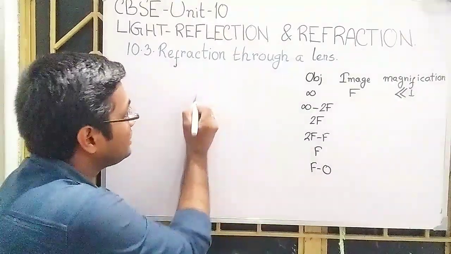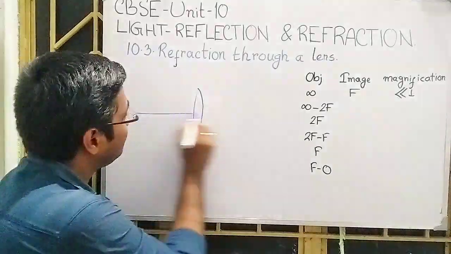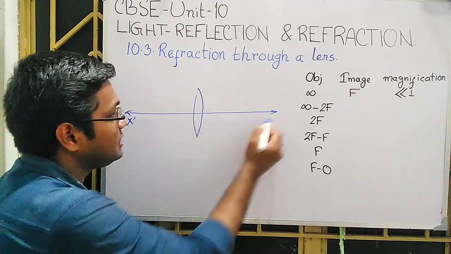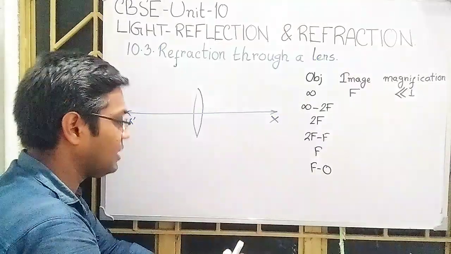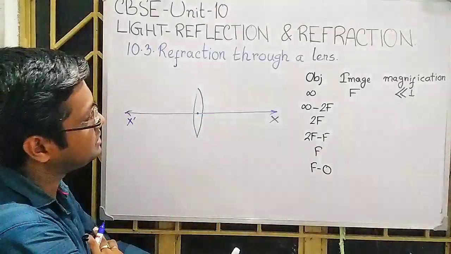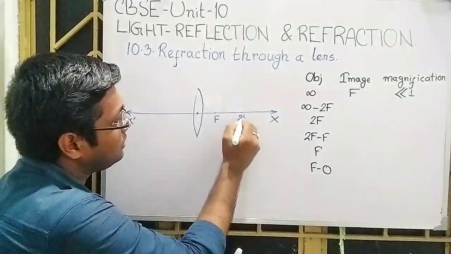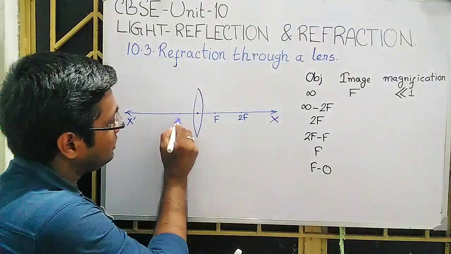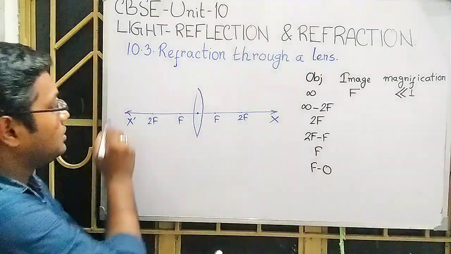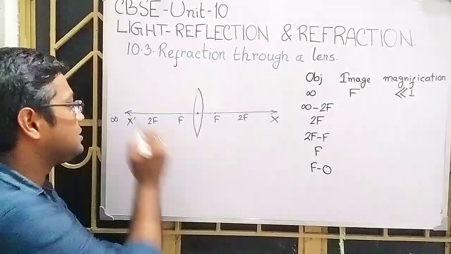So if I say this is the thin convex lens, this one is the principal axis X prime X, this is the optical center, F and 2F, here also F and 2F, this one is infinity. Now the object is placed here.